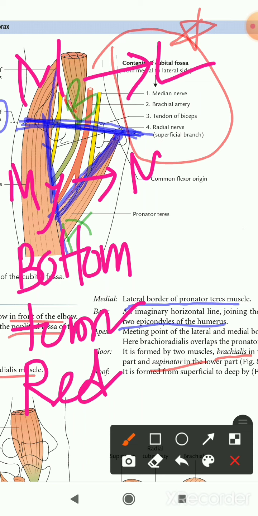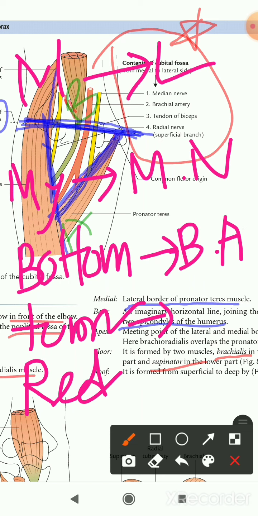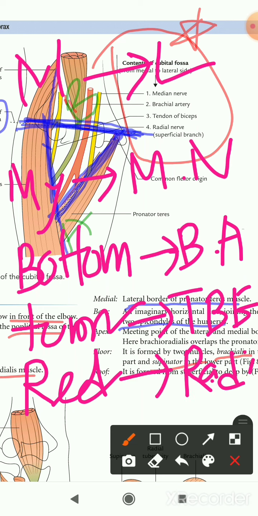M for median nerve, B for brachial artery, T for the tendon of biceps brachii muscle, and R for the radial nerve. So my bottom turn red.